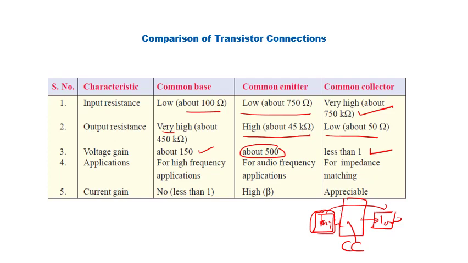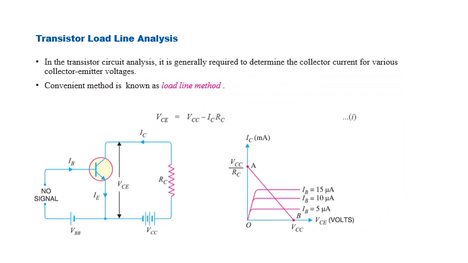So these are the important comparisons of transistor connections. Now, in order to ensure that the transistor is working properly, we should know the exact values of the collector current and the collector emitter voltage. So IC and VCE are very important. These values are very important for the proper operation of a transistor.